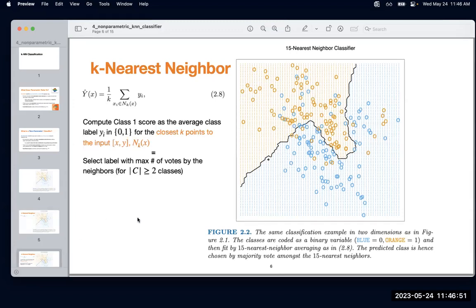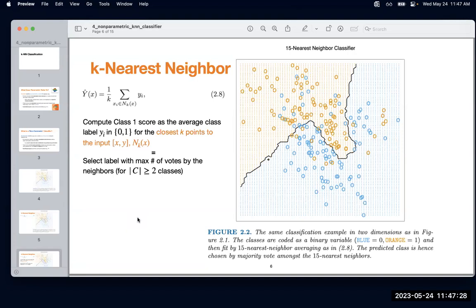As you can expect, anytime that you have the majority of the samples that are part of the neighborhood with the value 1, the prediction would essentially be 1, because that would give a score that is above 0.5. And that's the same criterion that we had before. Anytime that you go above 0.5, you would essentially be classifying as class 1. Anytime that it is below 0.5, you would be classifying as class 0.